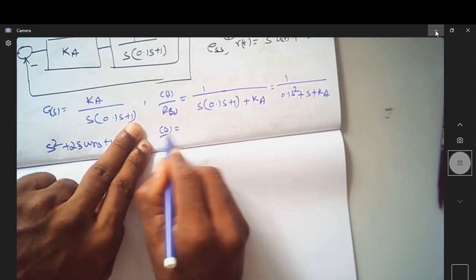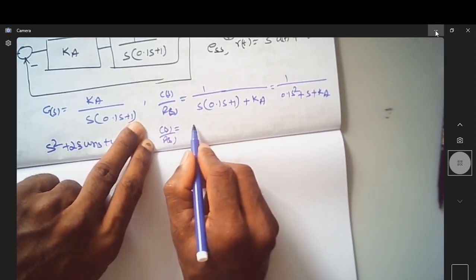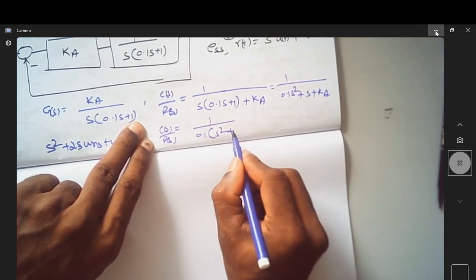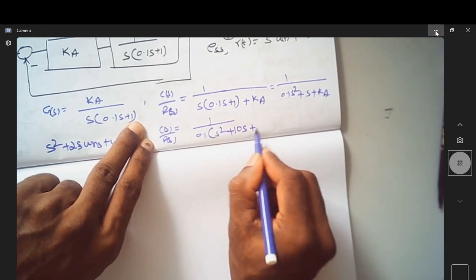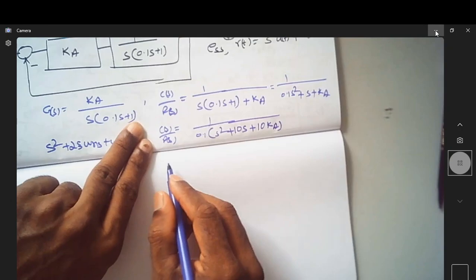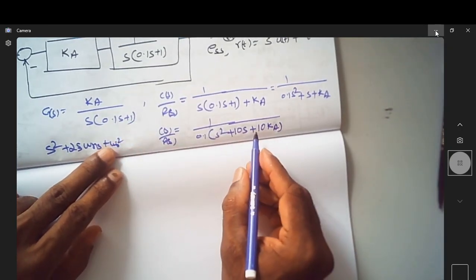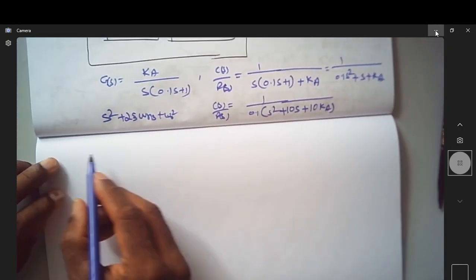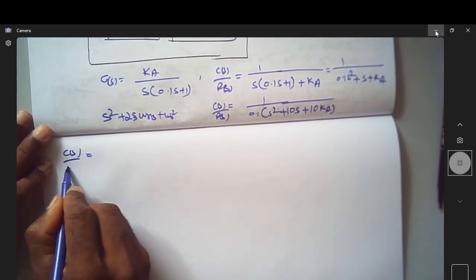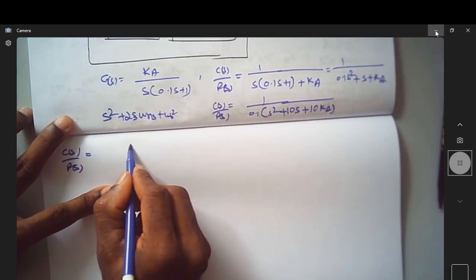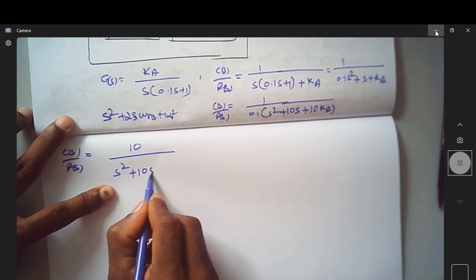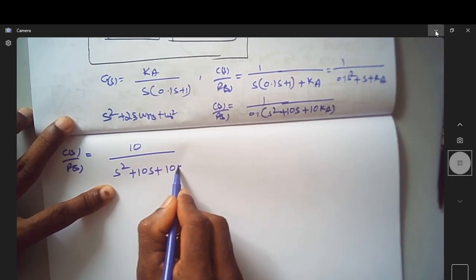So C(s) by R(s) will become s square plus 10s plus 10 Ka, with 10 in the numerator. So C(s) by R(s) is equal to 10 by s square plus 10s plus 10 Ka.